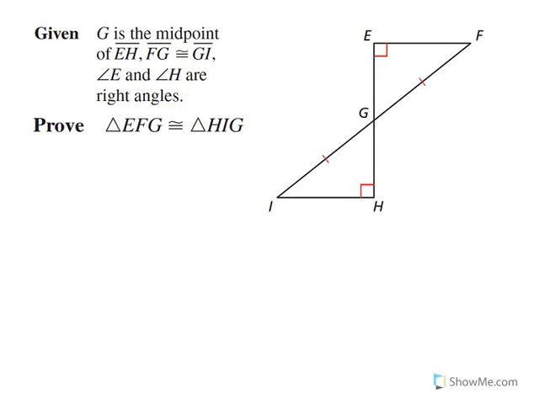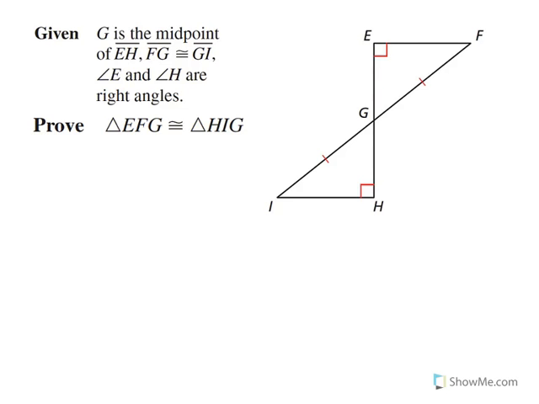So let's look at another example. In this picture, we have these two triangles, and it's given that G is the midpoint of segment EH, FG is congruent to GI, and angles E and H are right angles. So check your picture and see if the information given to you is all there.